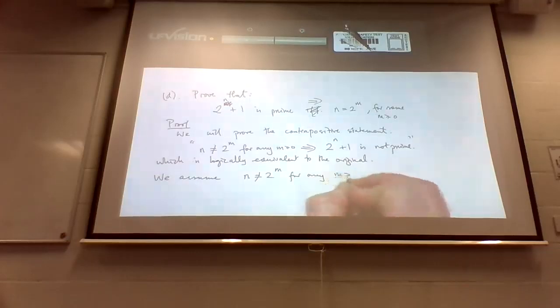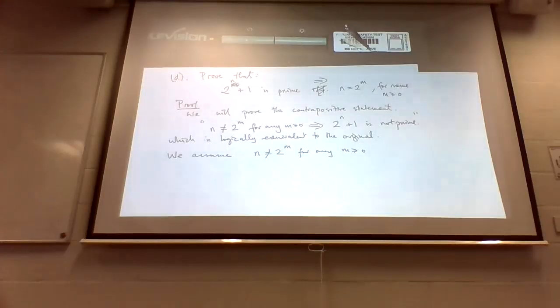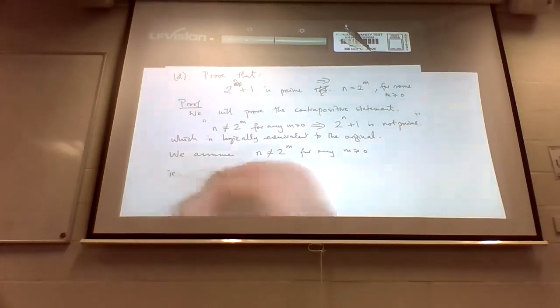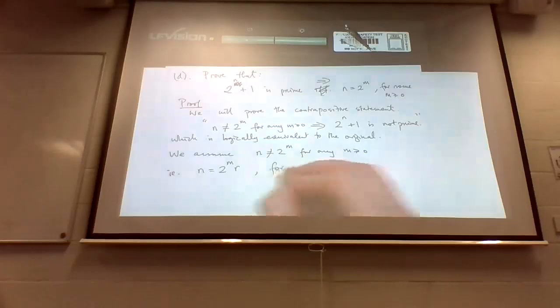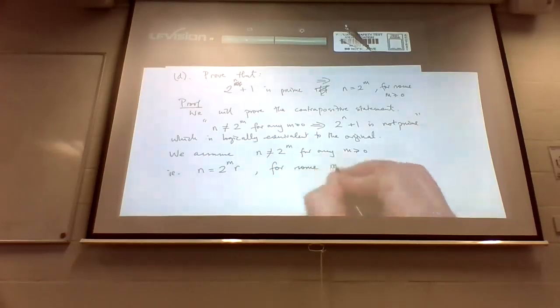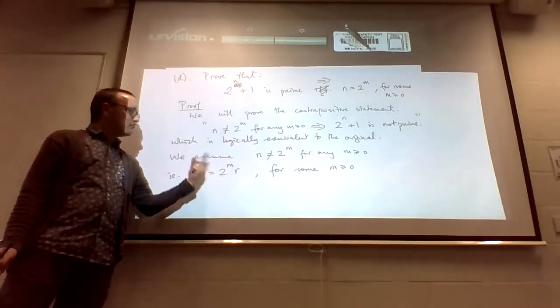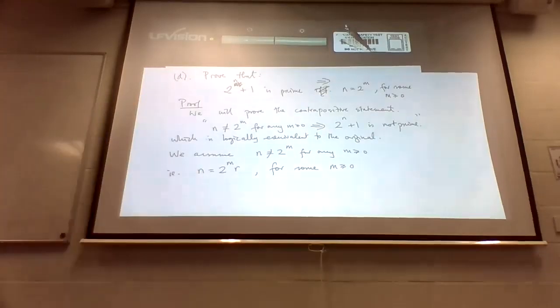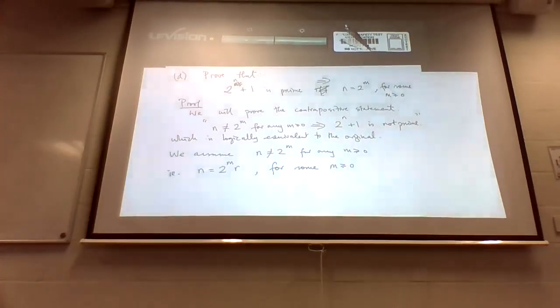Now that looks kind of vague and nebulous, but what it means is just that n is not a power of 2. So n must look like a typical integer. That is, we can say that n is 2 to the m times r for some integer m. A typical n could have some 2's in it, but there is another factor r which is odd and bigger than or equal to 3.